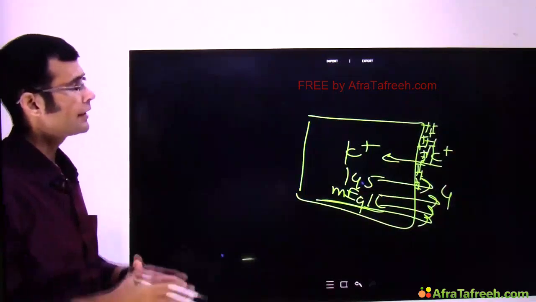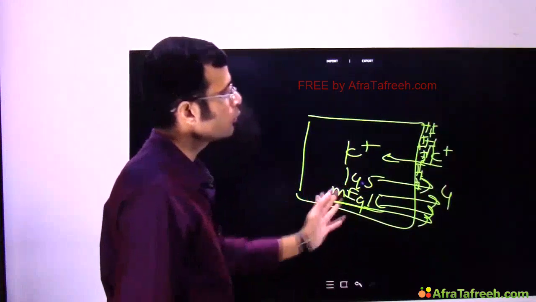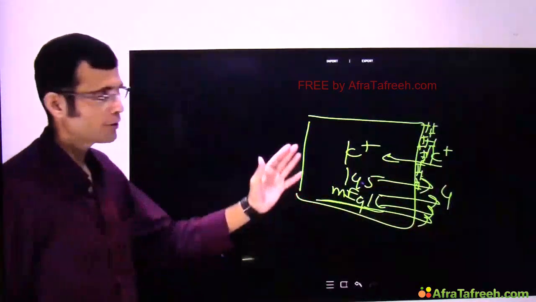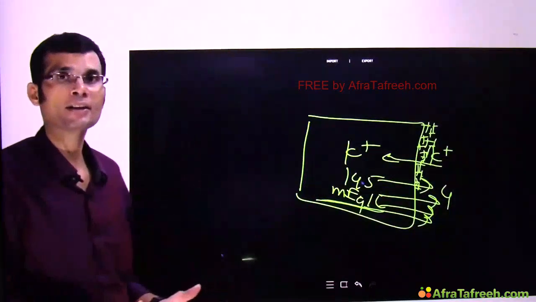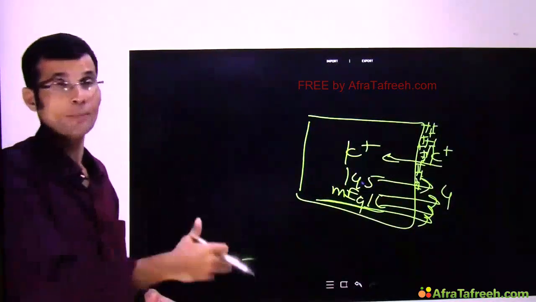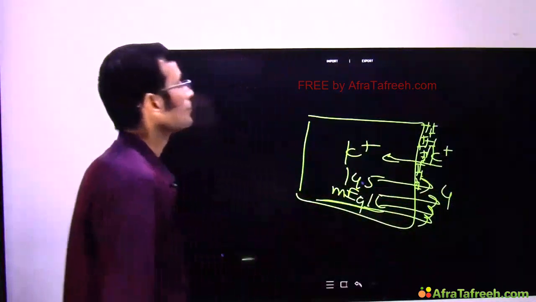So it is possible that a few milliequivalents per liter moving from one to the other direction can create an electrical gradient in the opposite direction, which can become equal to the concentration gradients.